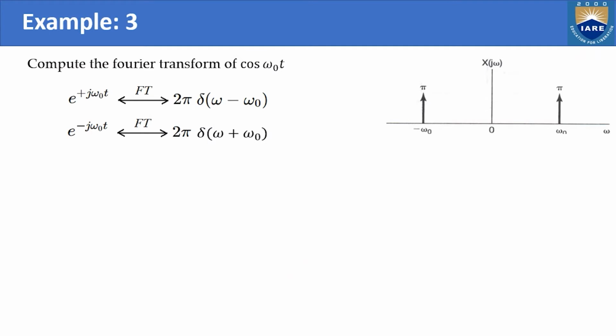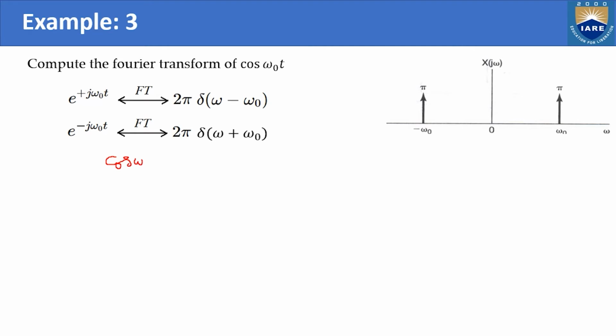Now let us take some example on this. Here we are trying to compute the Fourier transform of cos omega t. So what will we get from cos omega naught t?